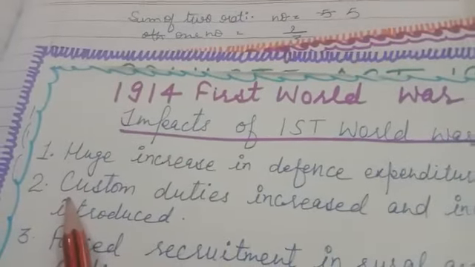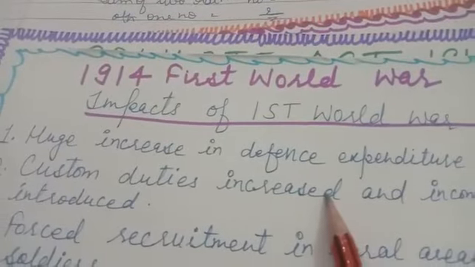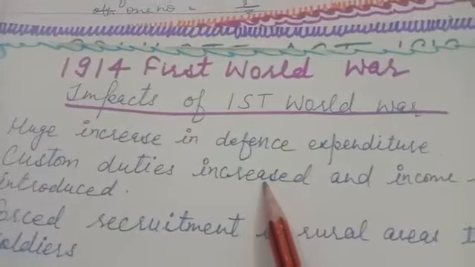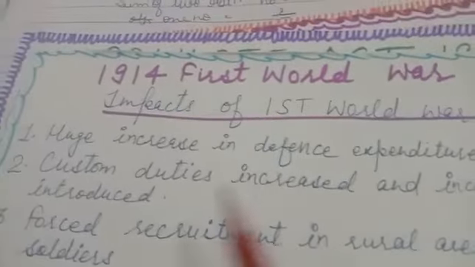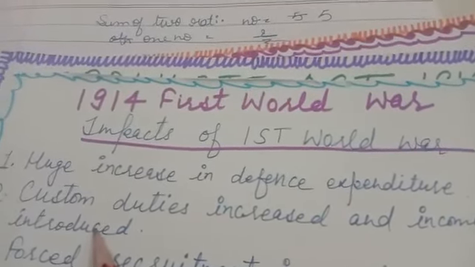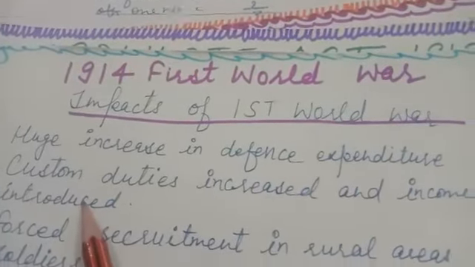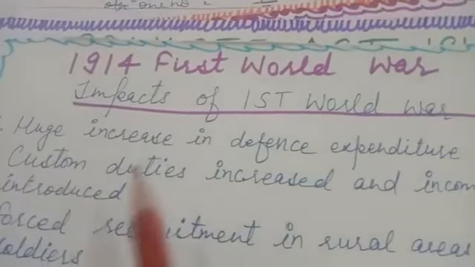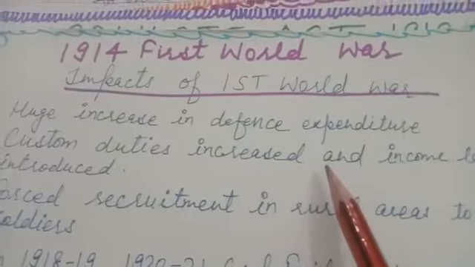The second impact was that custom duties were increased. It means tax was increased on imports, and for the very first time in India, income tax was introduced, because in the First World War, Britain's treasury was highly drained. So it had to keep pace with the expenditure. क्योंकि ब्रिटेन का खजाना लगातार खाली होता जा रहा था.